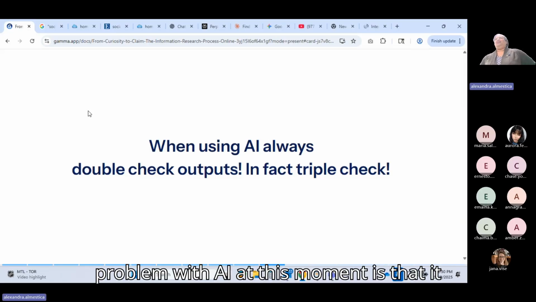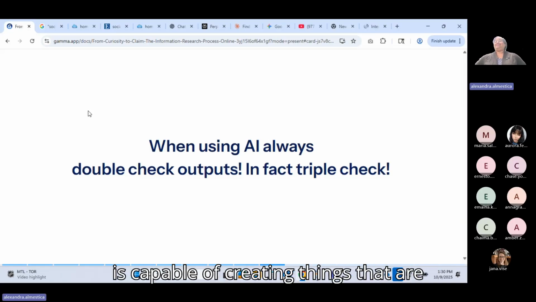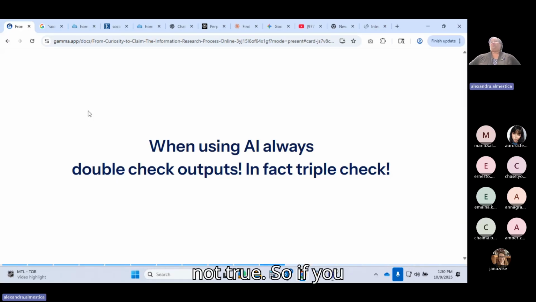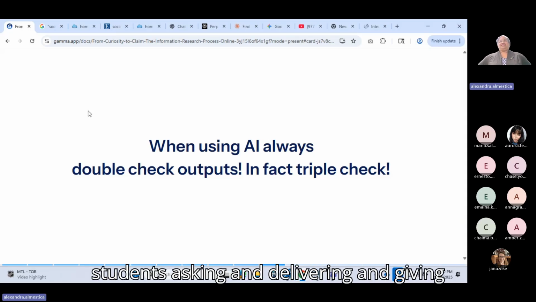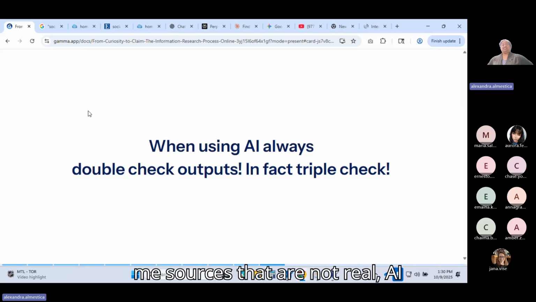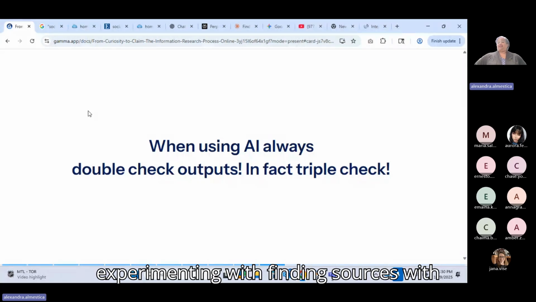Because the problem with AI at this moment is that it is capable of creating things that are not true. I've had students give me sources that are not real. AI may give you something that is not correct. So you have to triple check if you experiment with finding sources with AI.